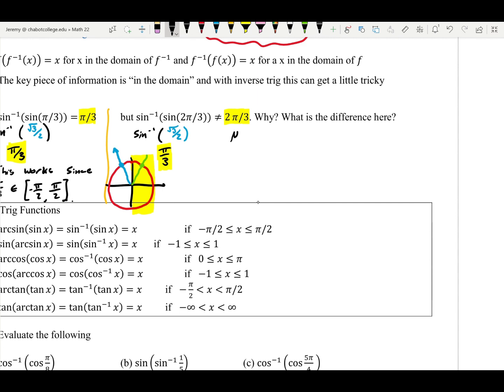Note: sine inverse of sine of 2 pi over 3 is actually equal to pi over 3. And this is because 2 pi over 3 is not in the range of sine inverse.